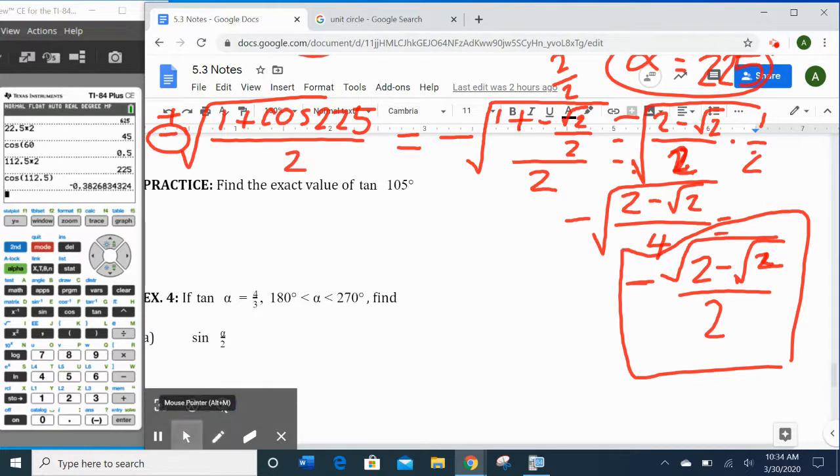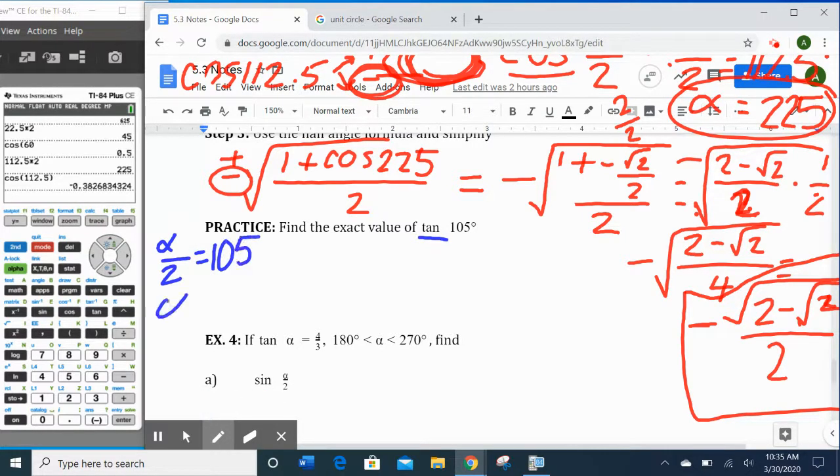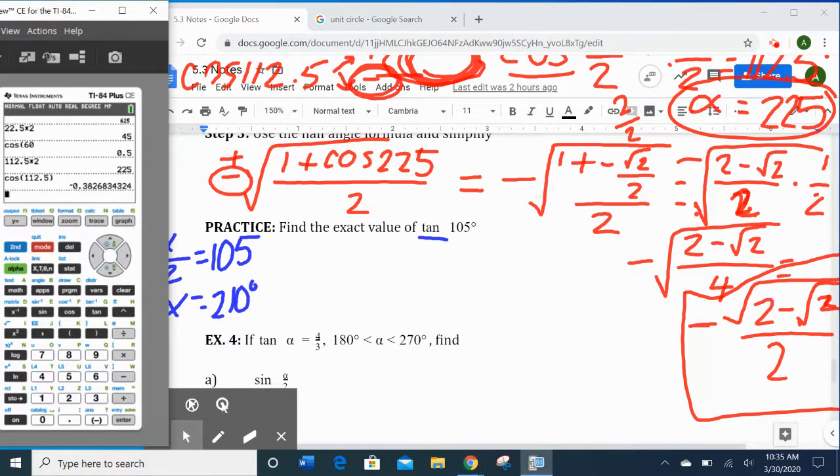And then the practice problem, find the exact value of the tangent of 105. So obviously they're asking me about tangent. And if alpha over 2 is 105, then alpha is 105 times 2, which is 210. So the formula for the tangent of alpha over 2 is either plus or minus. Well, let's see here.